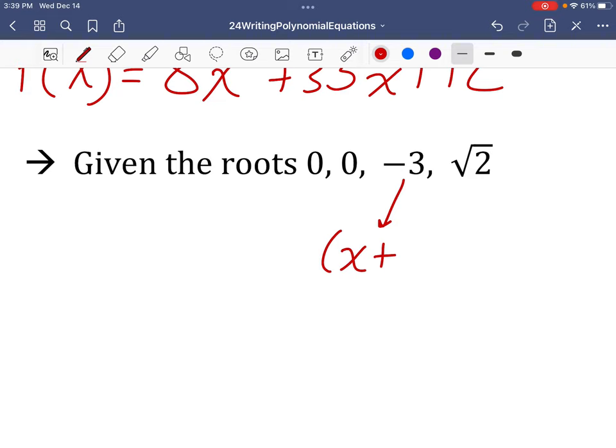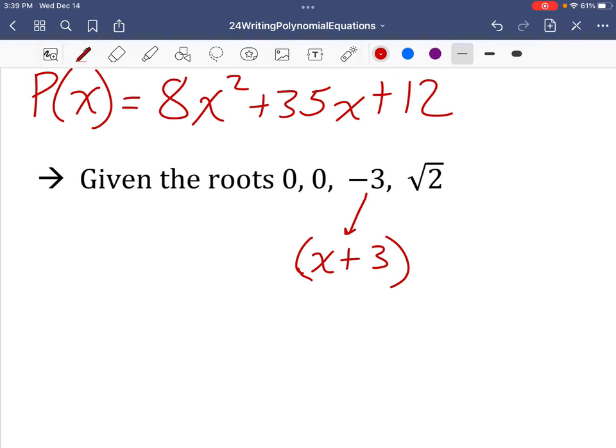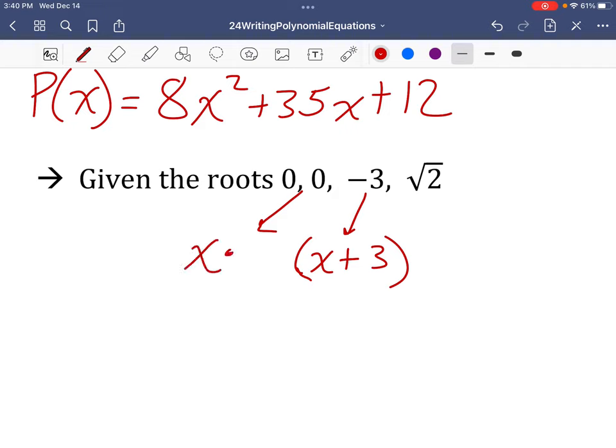What we're doing is picking out one of the roots that has an easier factor, like x plus 3, which definitely has to go with negative 3. How about these zeros? Do you realize that each of those would be associated with just the letter x? So basically I have an x and an x, or if you would like to write that as x squared, that would be fine.